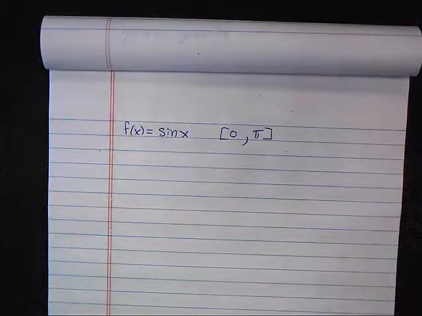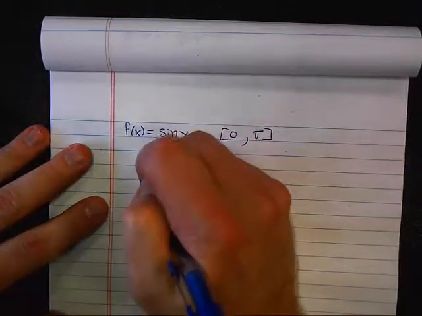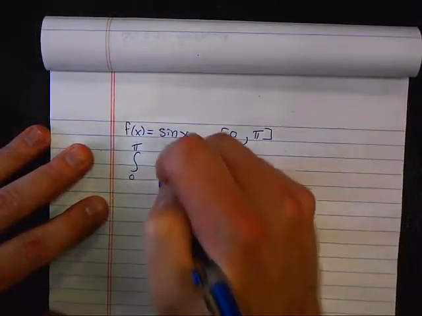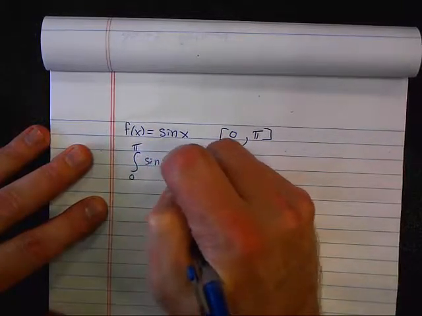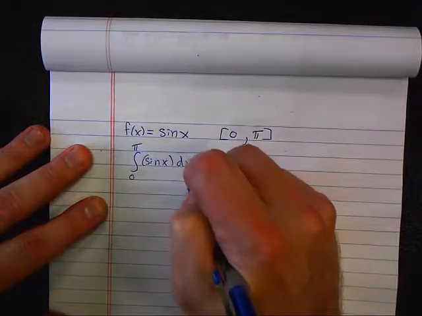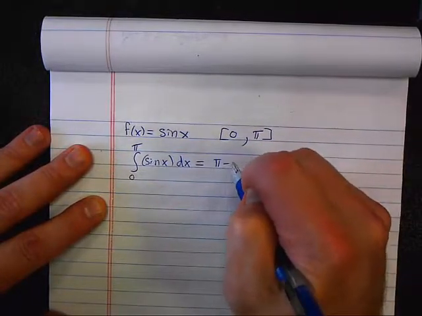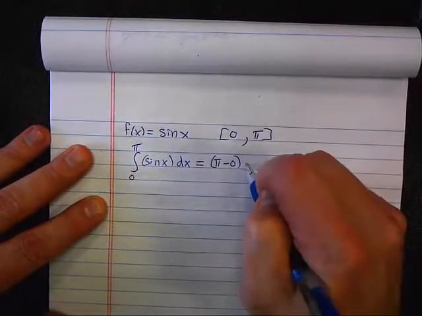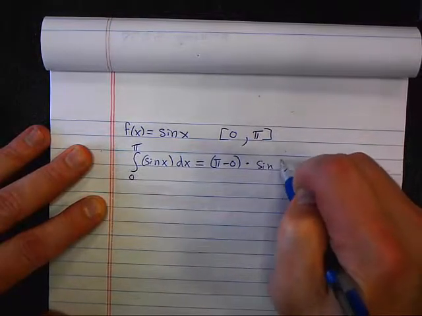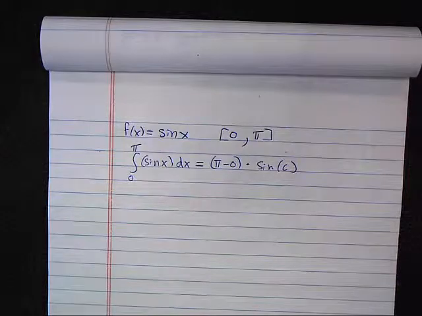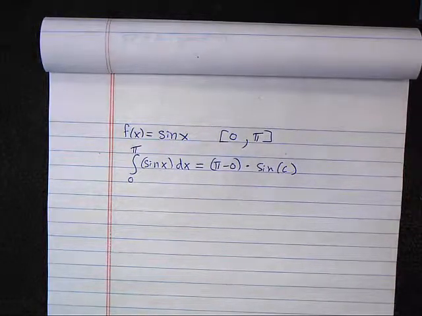All right, so what must happen is the integral from 0 to pi of sine x dx must equal b minus a, that's pi minus 0, times sine of c for some number c. And what we want to do is find that number c that's going to work.